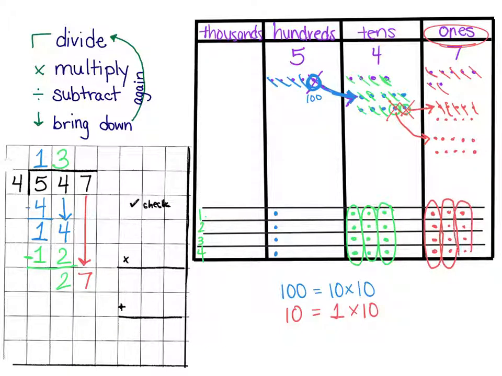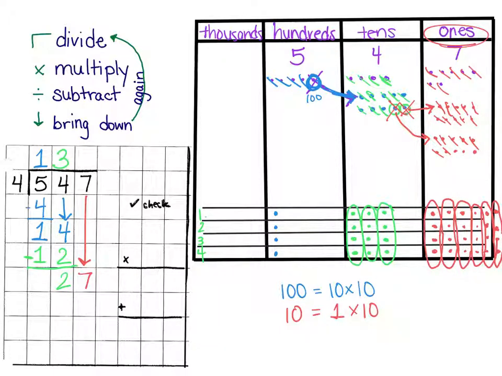There's another group. 1, 2, 3, 4. Another group. 1, 2, 3, 4. There's another group. Hopefully you're drawing smaller than I am. 1, 2, 3, 4.